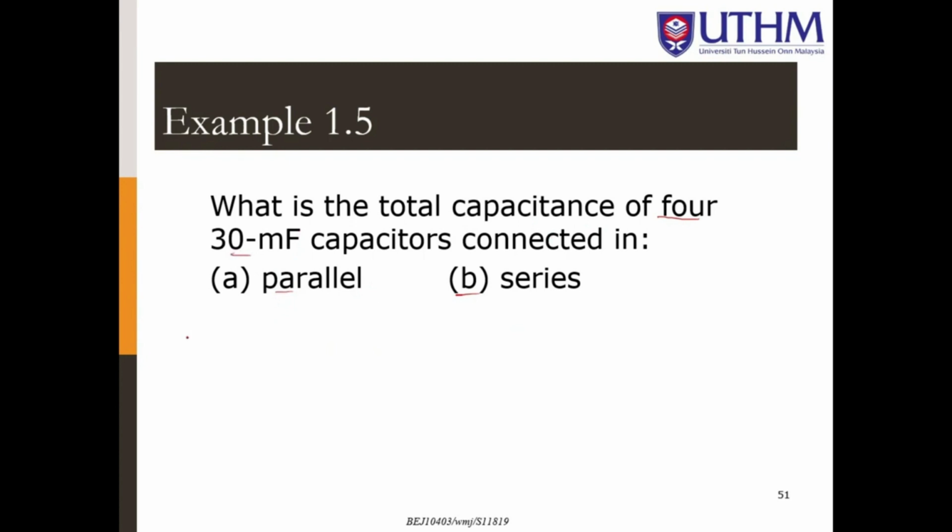So remember, in parallel your C equivalent is just the combination. You just add up all the individual capacitance values, plus C4. So that will be 4 times 30 millifarad. Therefore, it gives you 120 millifarad.